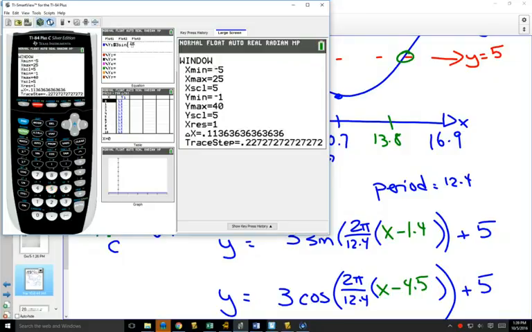For my window, I'm going to go from -2 up to 20. I'm going to go only up to 10.